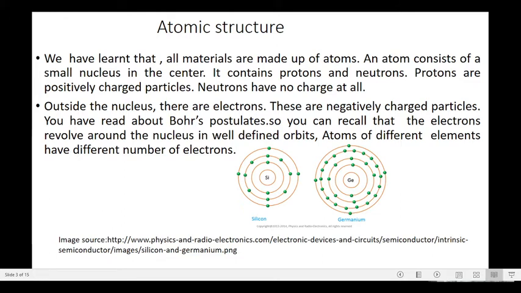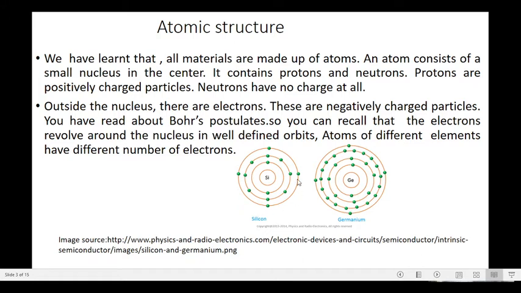These are negatively charged particles. You have read about Bohr's postulates. So, you can recall that the electrons revolve round the nucleus in well-defined orbits. Atoms of different elements have different numbers of electrons.